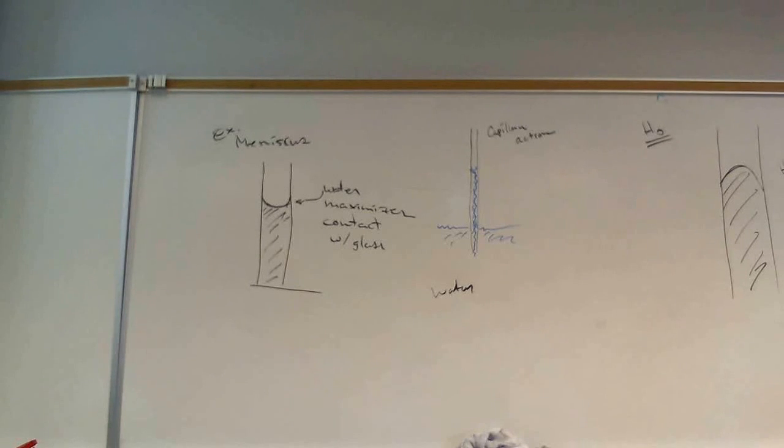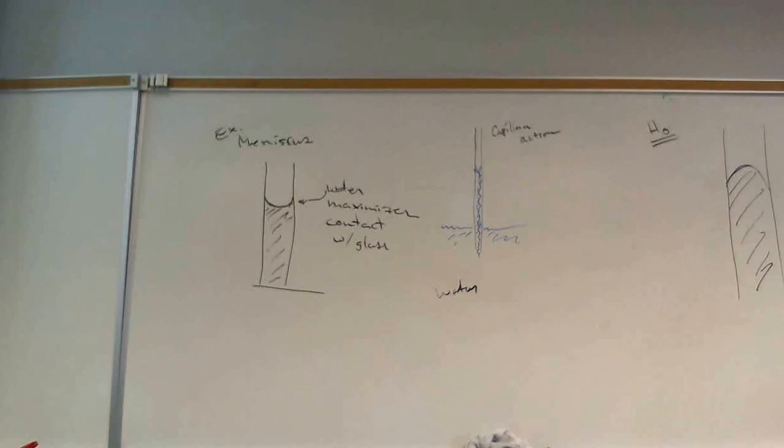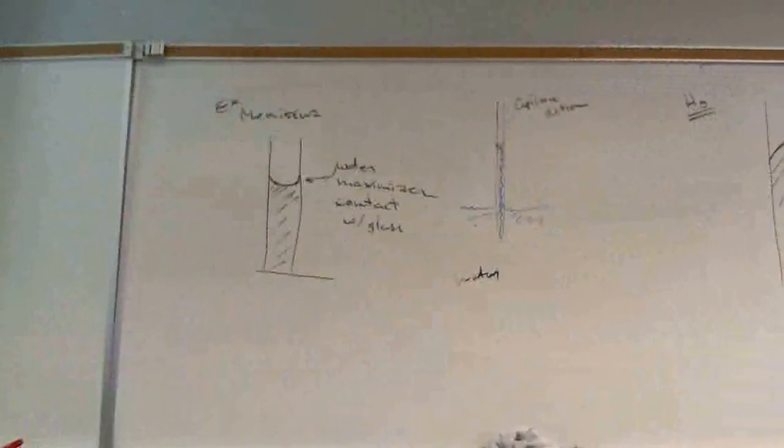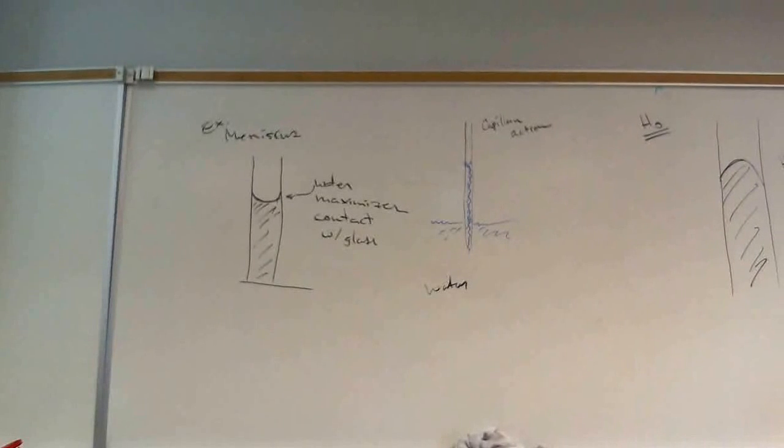Because it's big. It's got a lot of electrons, and so it could have very strong dispersion forces. In fact, mercury only likes mercury. Mercury doesn't really like much else.